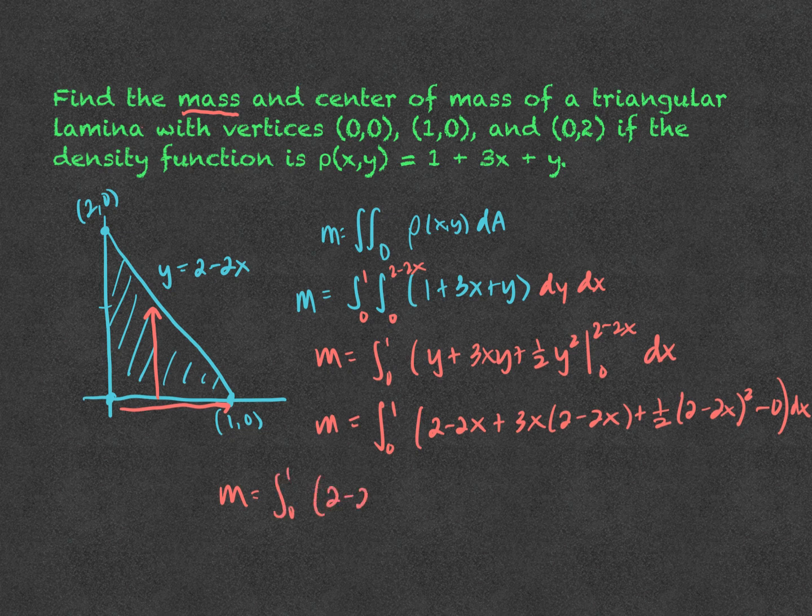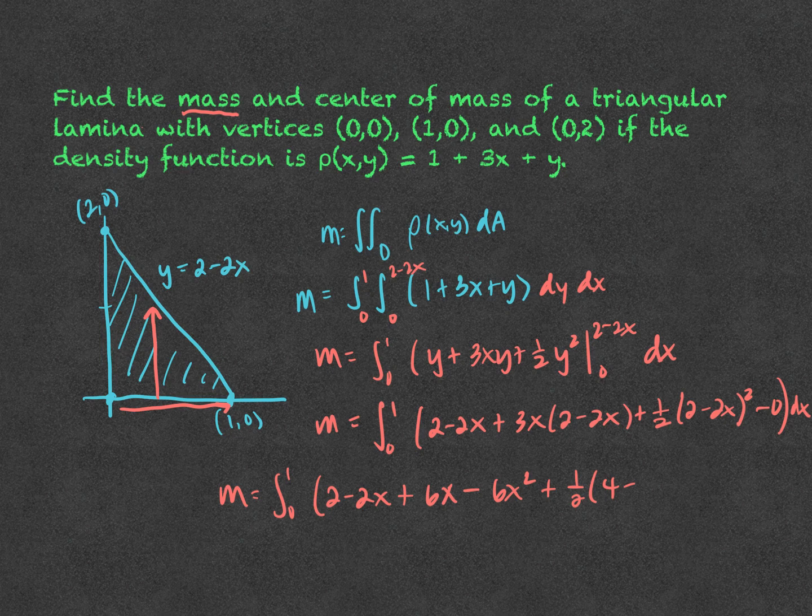So we have 2 minus 2x plus 6x minus 6x squared plus 1/2 of (2 minus 2x) squared. I can't do that in my head, I will do it wrong, so I'm going to waste another step here. Let's do that again.